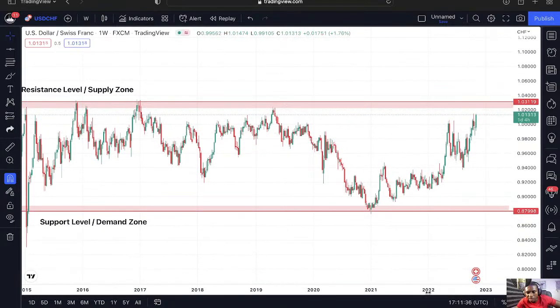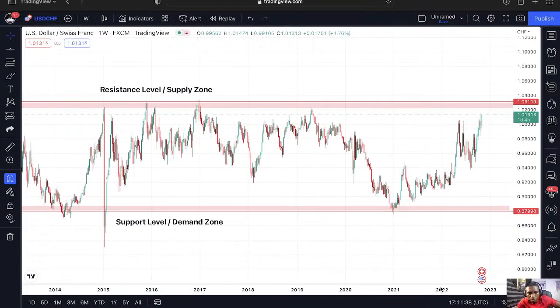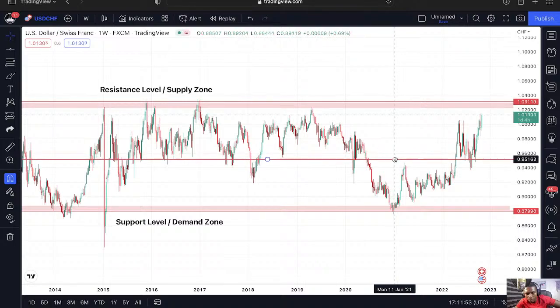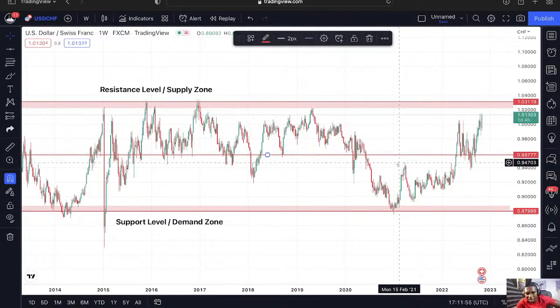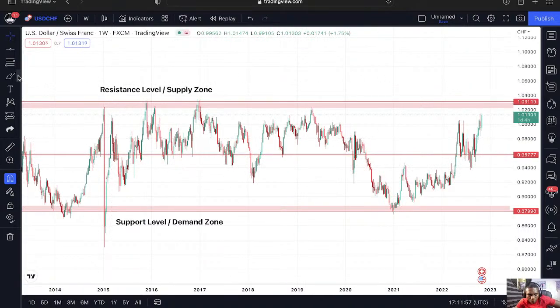So as you can see what price has done here, we have a minor support turned resistance level, or resistance turned support level here. If you observe clearly, price has been rejecting at this level.